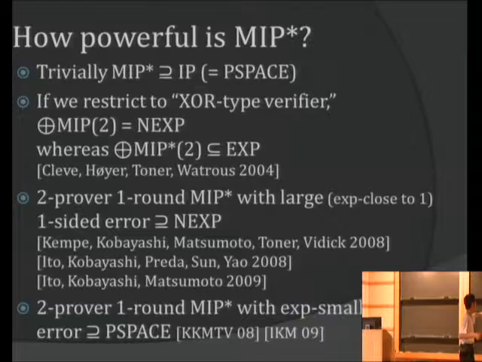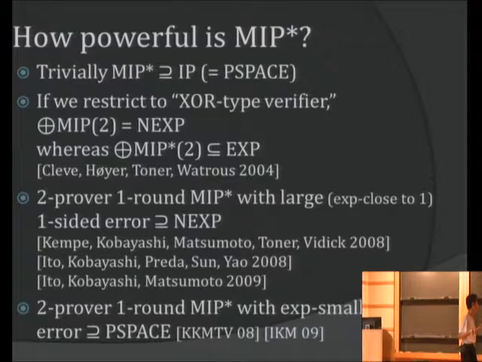And about this MIP star, some people try to construct protocols which are still good even if we allow provers to share quantum state, but with a very weak sense of good.